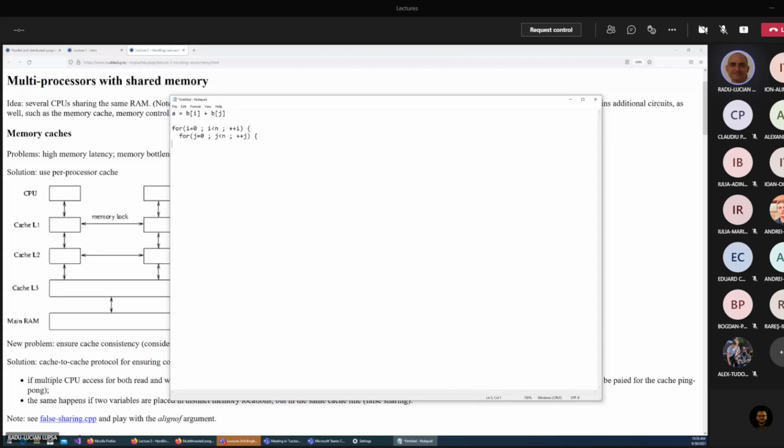So consider this versus, I'm doing exactly the same, but I interchange i and j. So the outer loop goes on the second index, and the inner loop goes on the first index.